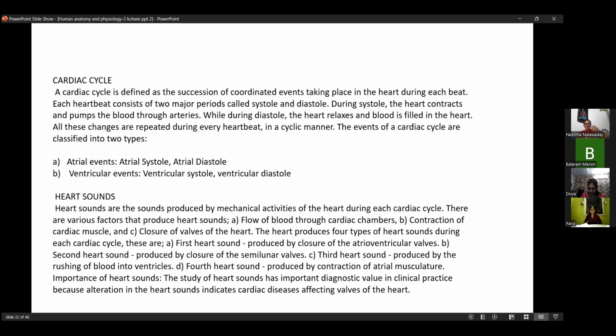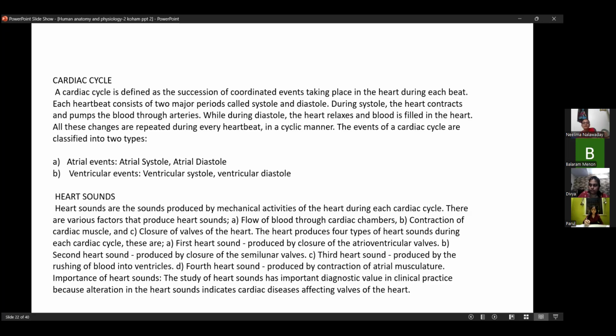Okay. So when ventricles relax, diastole, systole, diastole, systole. During systole, the heart contracts and pumps the blood through arteries.